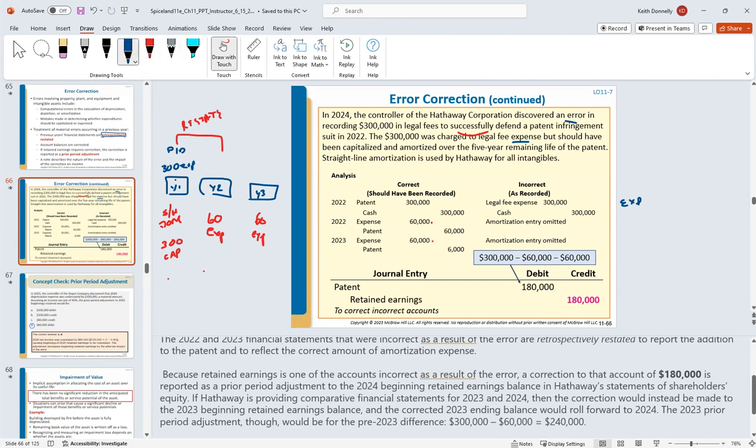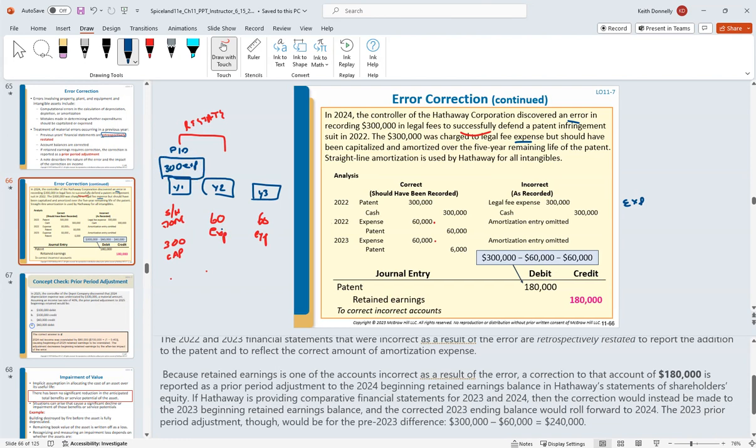In other words, we took a giant expense of 300,000, but we should have only taken an expense up until this point in time of 120. So the difference is going to be 180. We took too big of an expense by 180. Now we have to increase our retained earnings. We got to undo that expense.